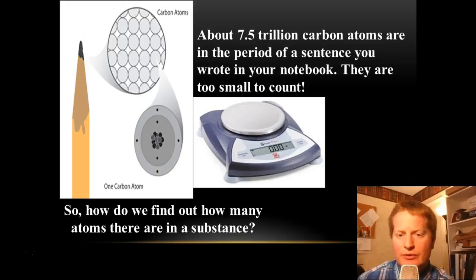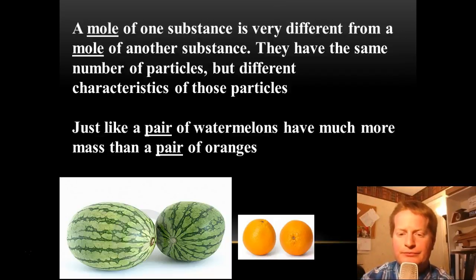For example, the molar mass of an element like carbon is 12, so if we had 12 grams of carbon, we would know that we have 1 mole of carbon. How many atoms are in a mole? 6.02 times 10 to the 23rd. So because we can't count the atoms, we use the mole and the molar mass to figure out exactly how many atoms are there, which is very useful.